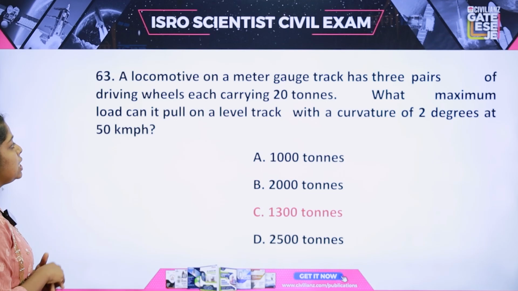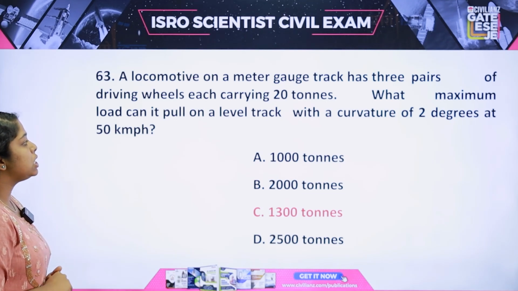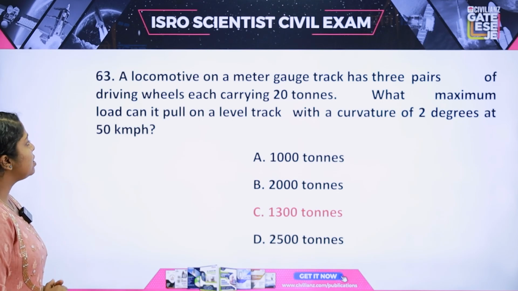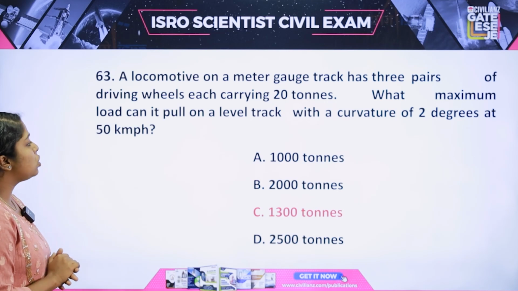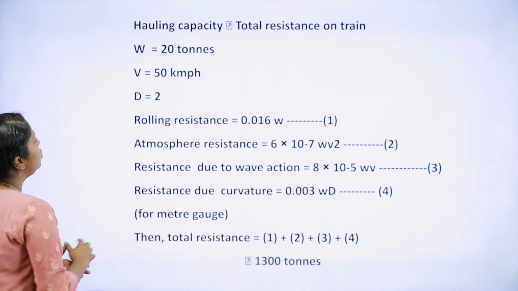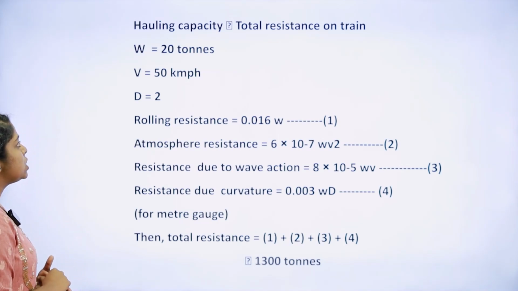Moving on to the 63rd question. This is from railway. A locomotive on a meter gauge track has 3 pairs of driving wheels, each carrying 20 tons. What maximum load can it pull on a level track with a curvature of 2 degrees at 50 km per hour? So, the hauling capacity is equal to the total resistance on train.